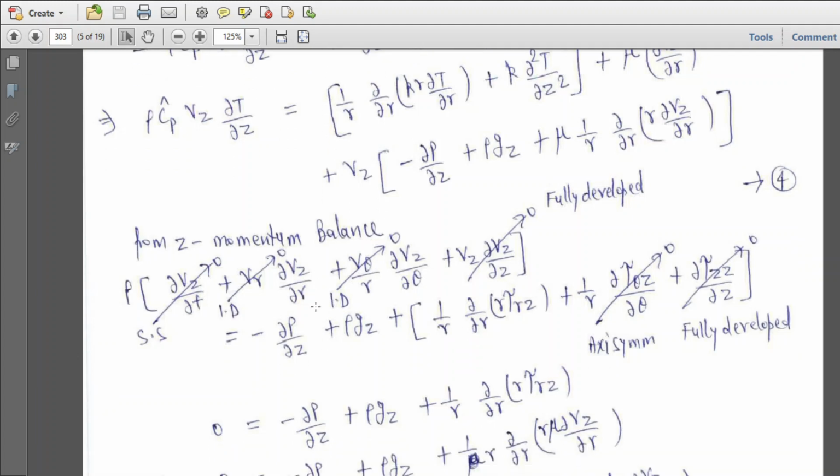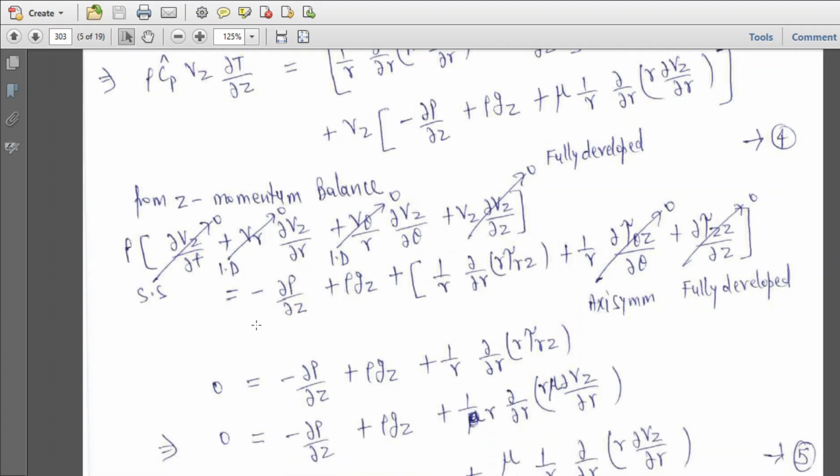So this is the Z momentum balance in cylindrical coordinates.